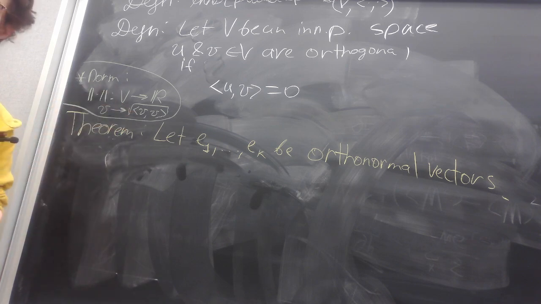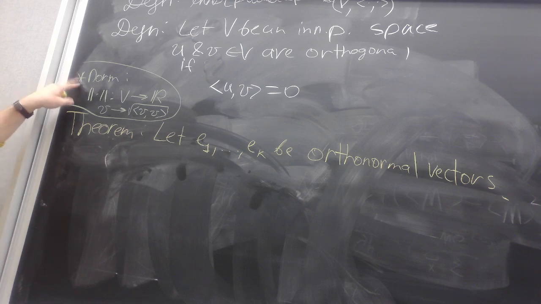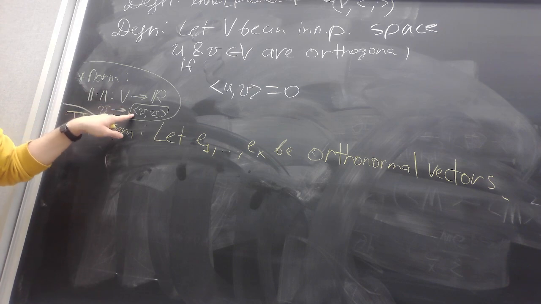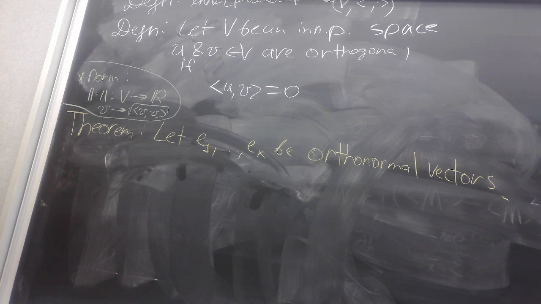Yes? Is that the same definition of the norm we use in quantum mechanics? Yes, this will be. Look, this is a norm that comes from an inner product space, right? Usually you define a norm to be any function on a vector space which satisfies 3 properties.